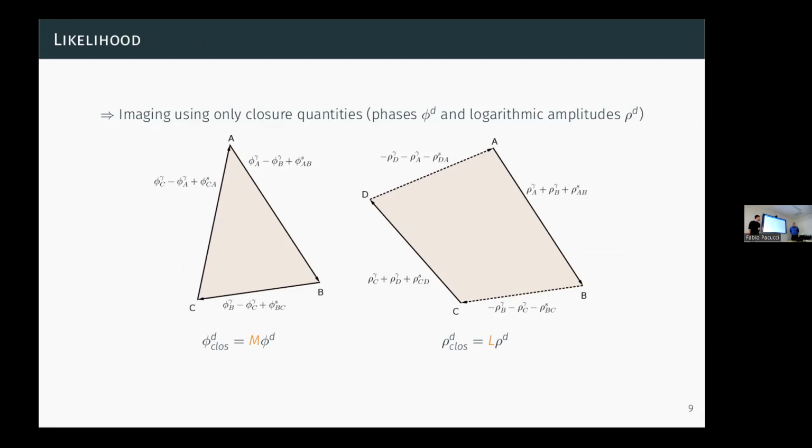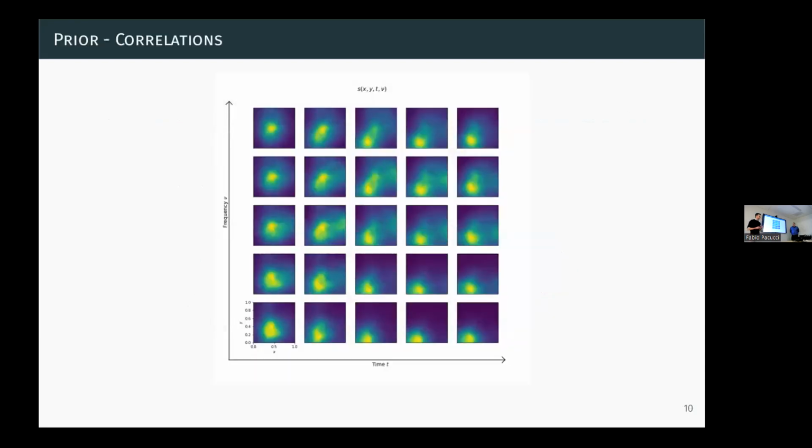In addition to the closures, we used one of these correlated field models. So here is an example. This is basically throwing random numbers into one of these generative processes that Torsten just showed, and generating a random realization of our prior to get a feeling for what this prior allows and what it does.